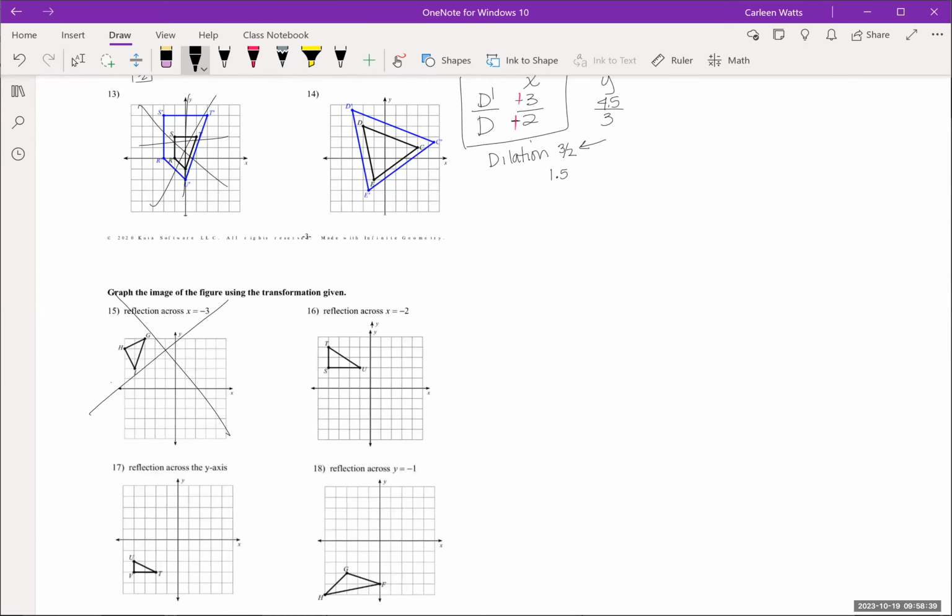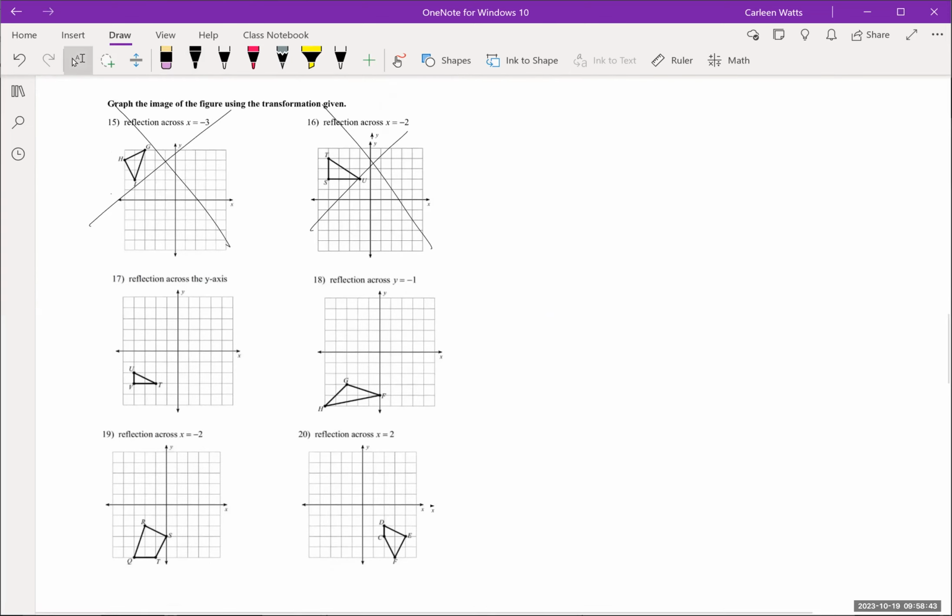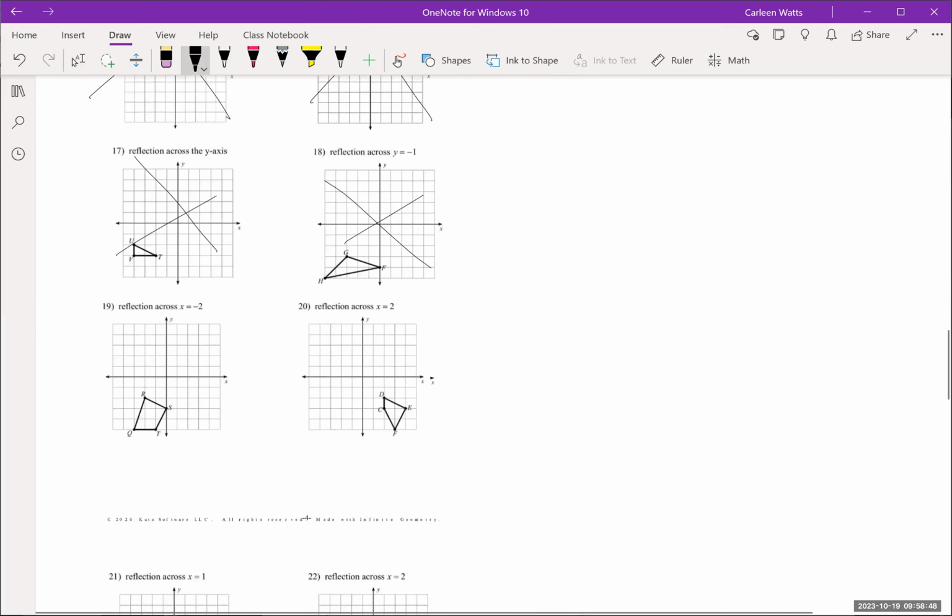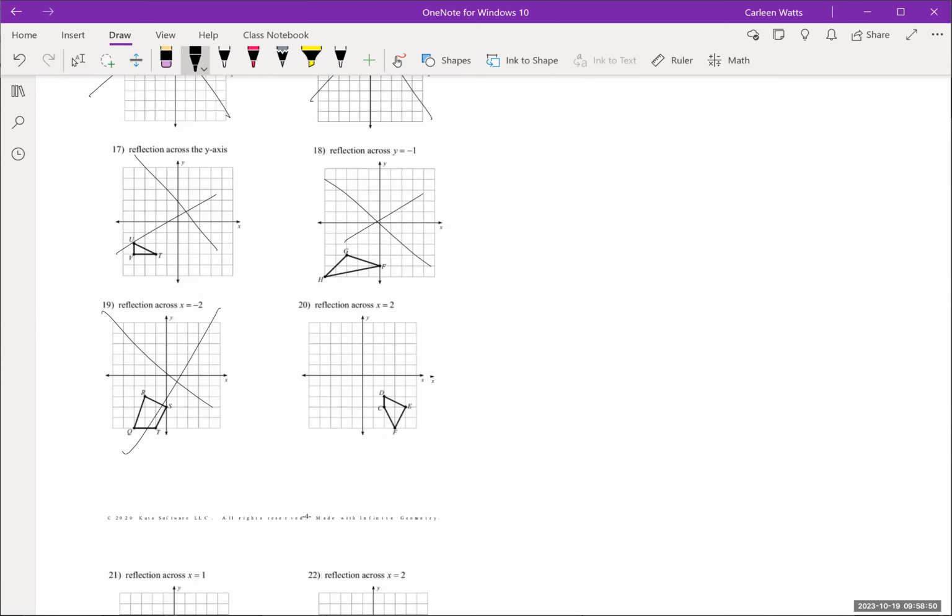Okay, we could practice these if you want. But I think we're good on these. You're just going to use your chart. Right? You know what we need to practice though?